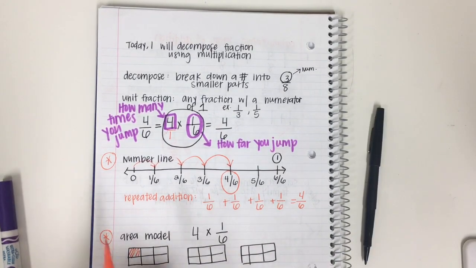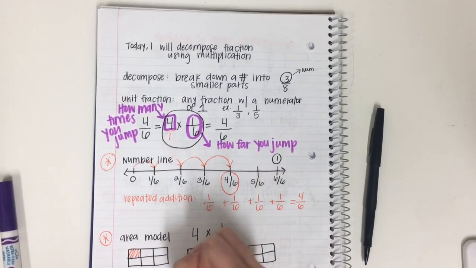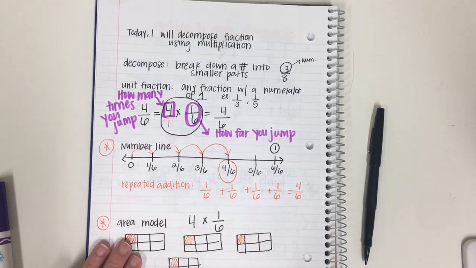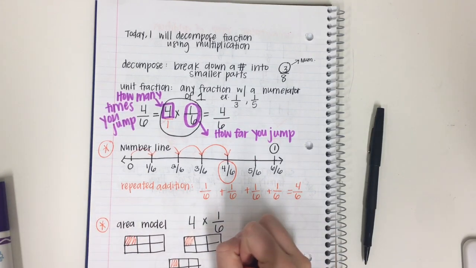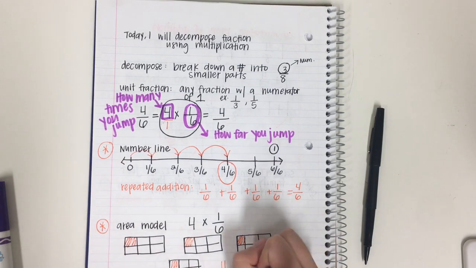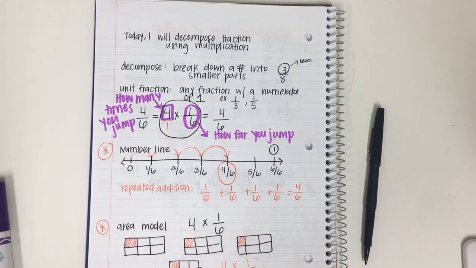Okay. I'm going to shade in my 1/6, 1/6, 1/6. So if you were to look at this, you would think, okay, this is 1, 2, 3, 4 times, when I'm multiplying, it's out of 6, 1 is shaded, so it's 4 and 1/6.